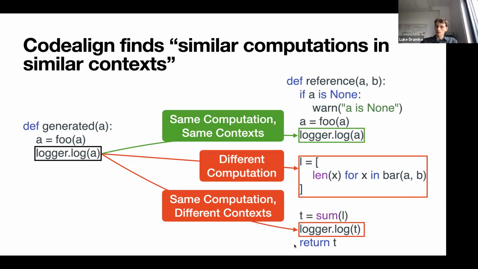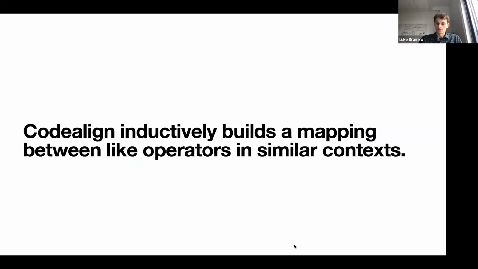Then if you look at the top logging statement, these are the same computation and they exist in the same context. So they're both logging things and they're both logging the same thing. That is, they're both logging the first argument to the function. So this is a useful notion of similarity, but it's not immediately evident how to compute such a thing.